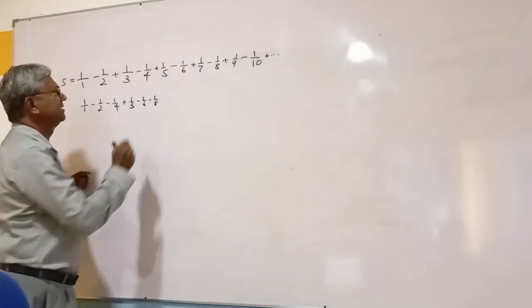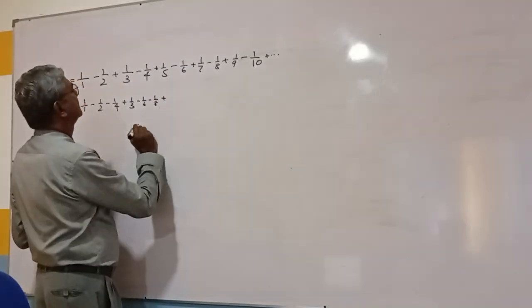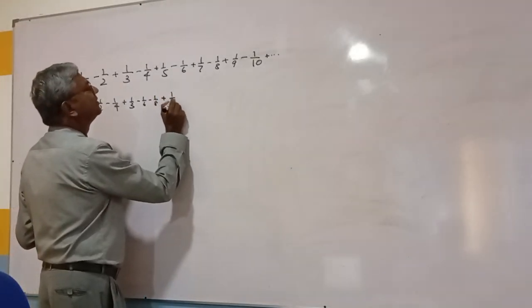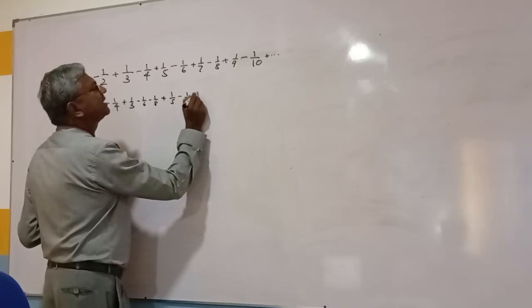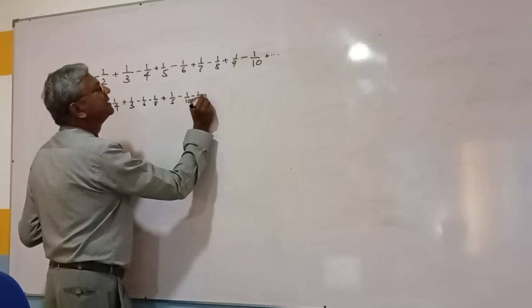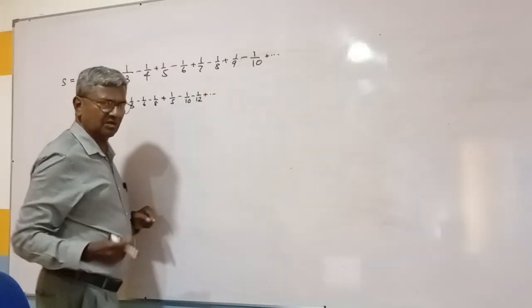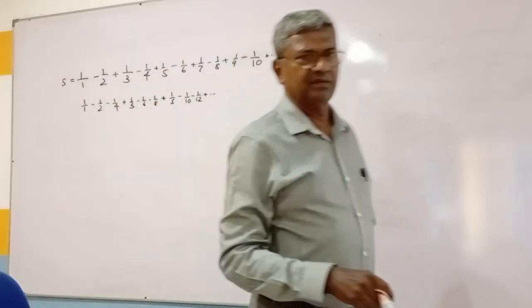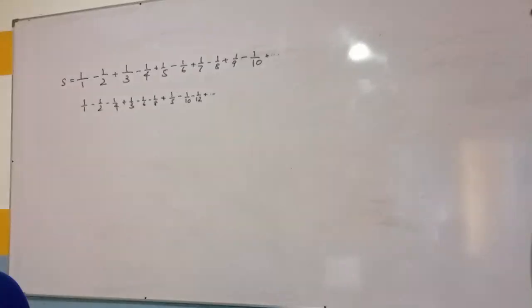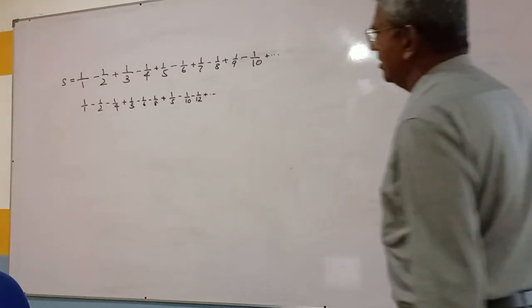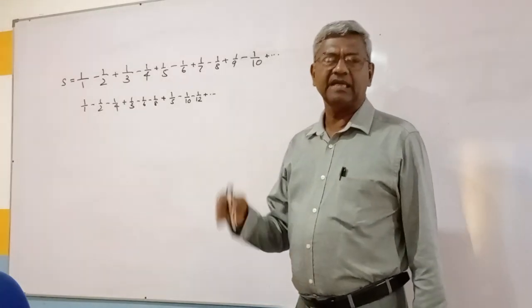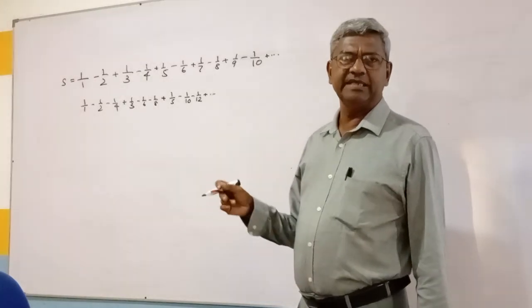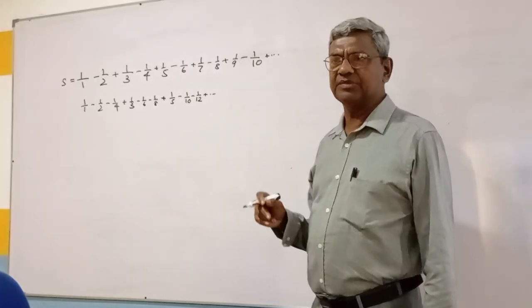Next I write 1 over 5, minus 1 over 10, minus 1 over 12. Like this, you get the rearrangement. After every positive term, write the next two negative terms.